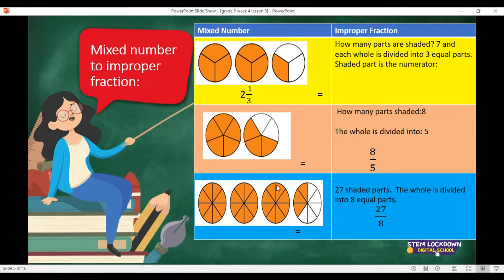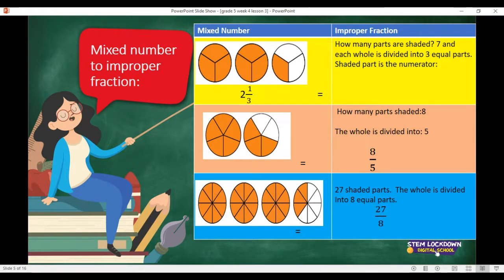Let's look at the last one before we move on. As a mixed number now, how many wholes are fully shaded? The wholes that are fully shaded here, it's 1, 2, 3 wholes. And how do we get our denominator?